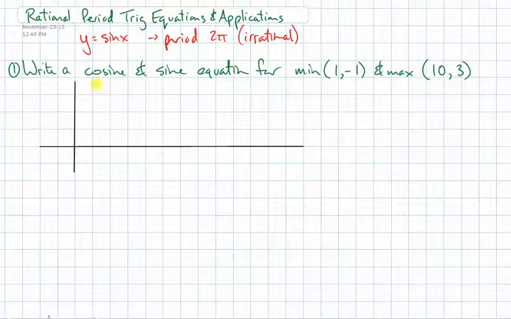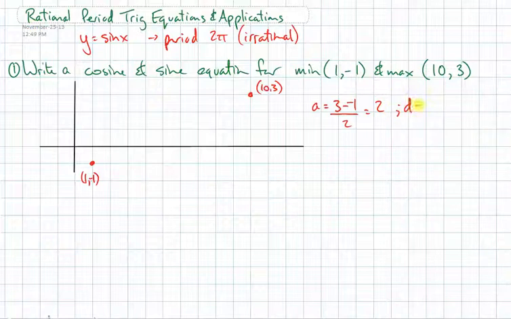So the first one, I'd like both a cosine and sine equation given a min and a max. Here's (1, -1) and (10, 3) right here. First of all, the amplitude is found from the difference of y values divided by 2.